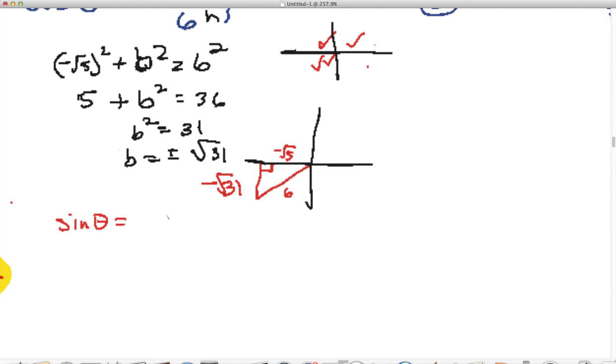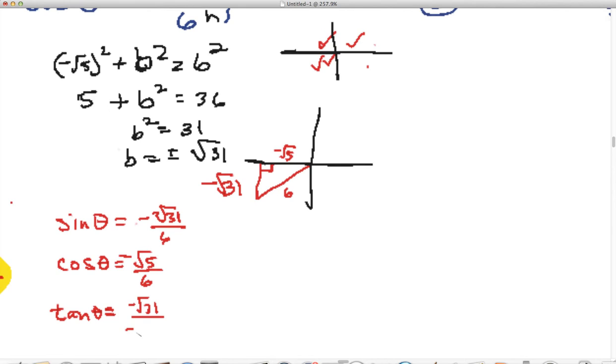Sine theta is going to be... the tangent, the negatives cancel out, and you got to rationalize it, get rid of that root 5 on the bottom.